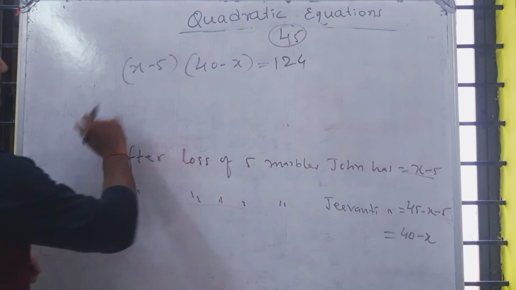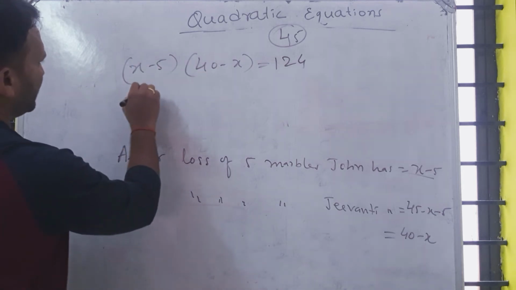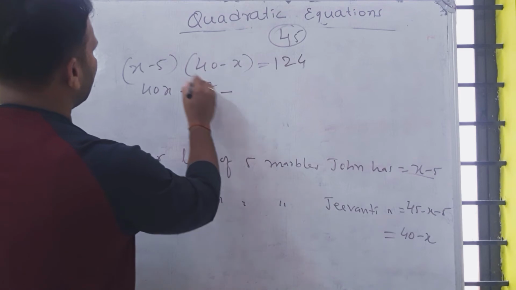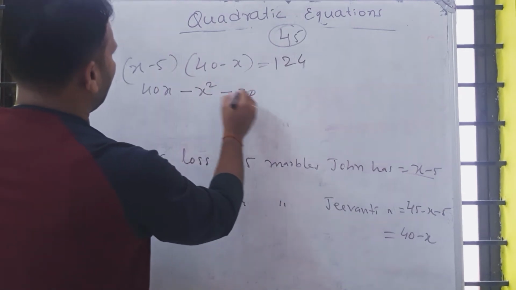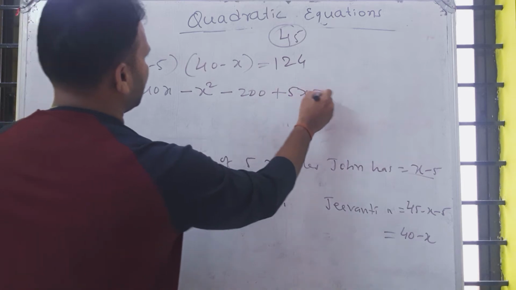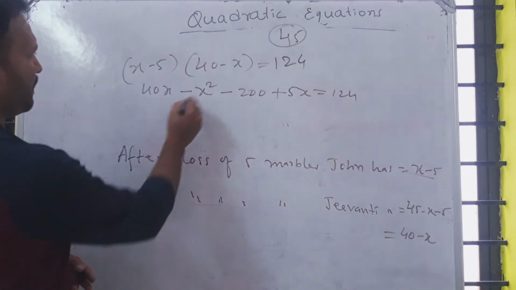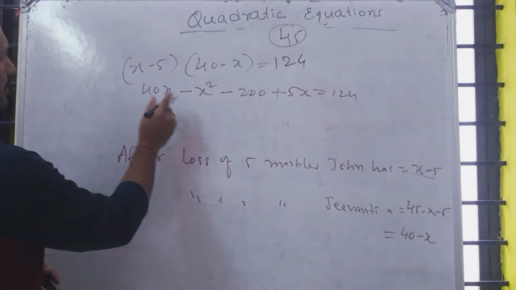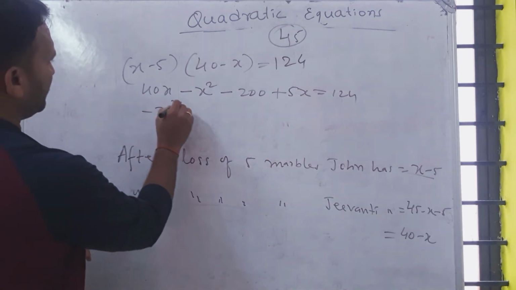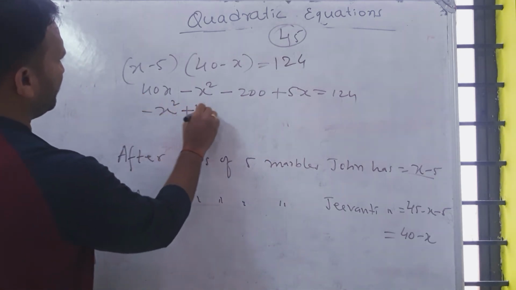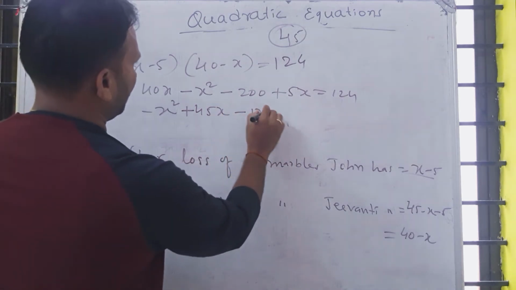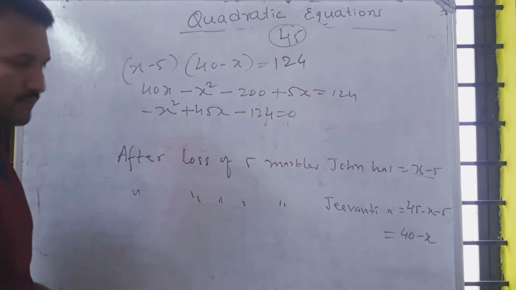So this can be multiplied: 40 into X, 40X minus X square minus 200 plus 5X is equal to 124. Now 40X and 5X make 45X, so minus X square plus 45X minus 124 is equal to 0.